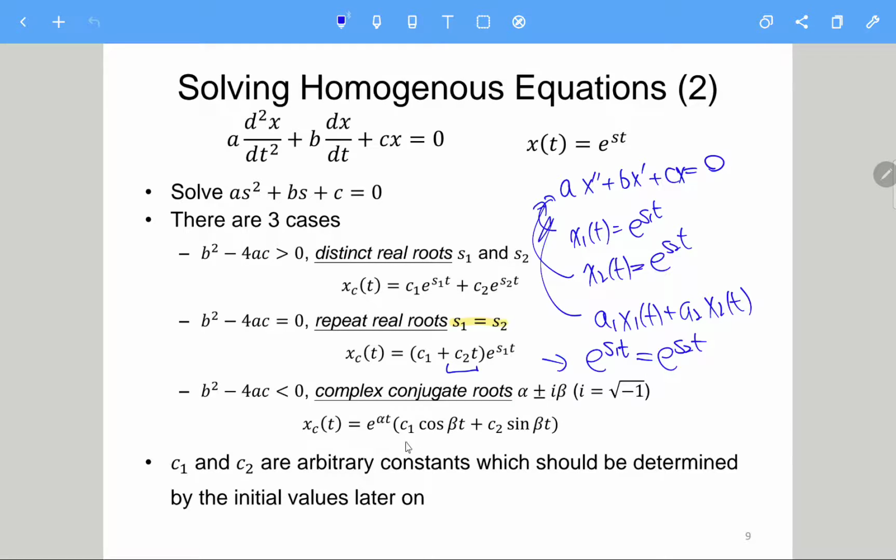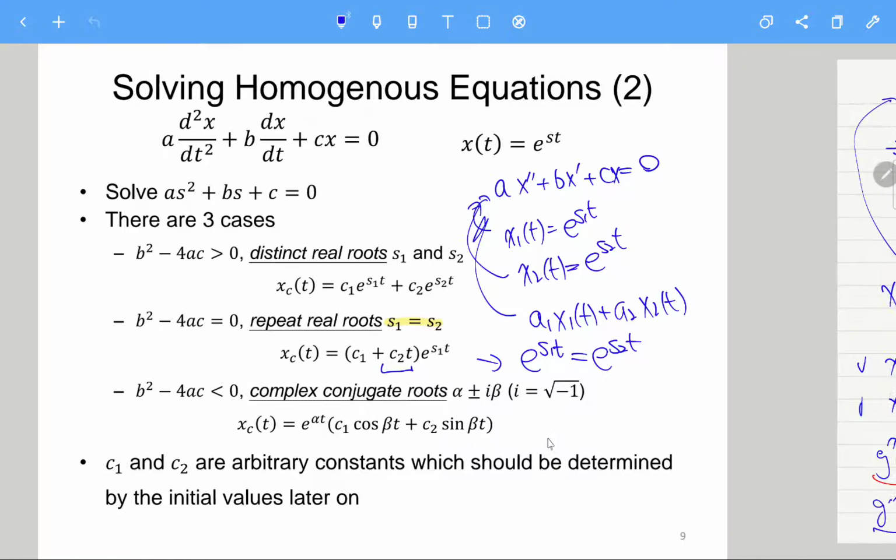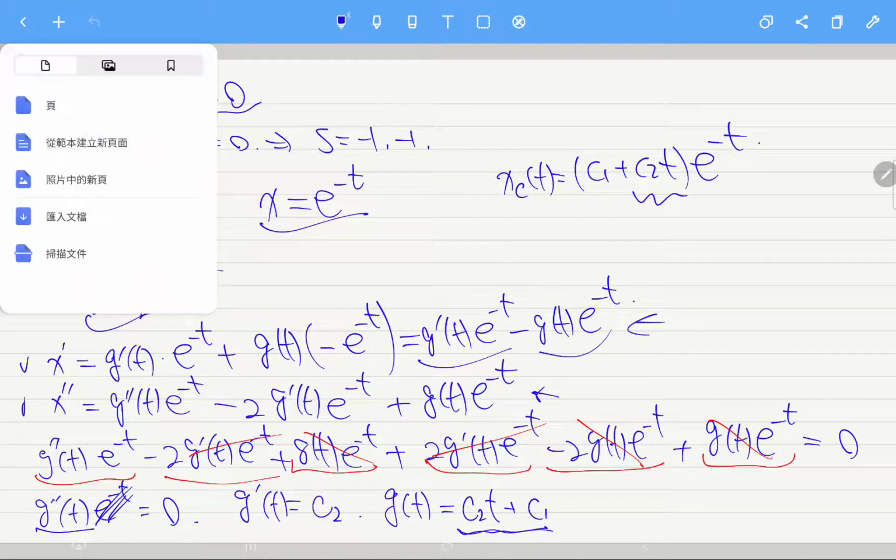And the expression will be exponential to alpha t times c1 cosine beta t plus c2 sine beta t. Yeah, so this is even more strange, maybe to you, but actually it is not that difficult, I think. So let's see how it will be like that.